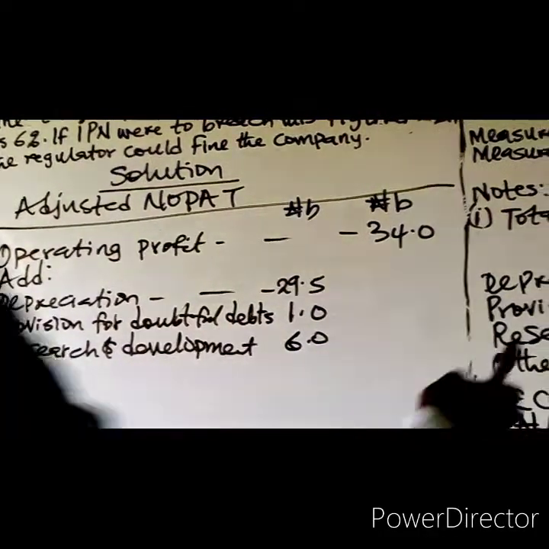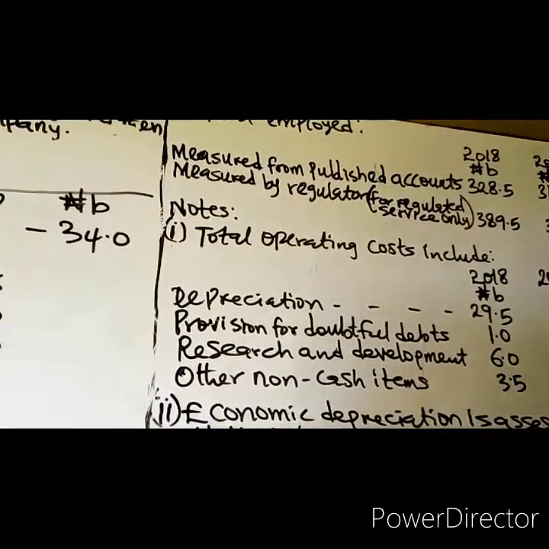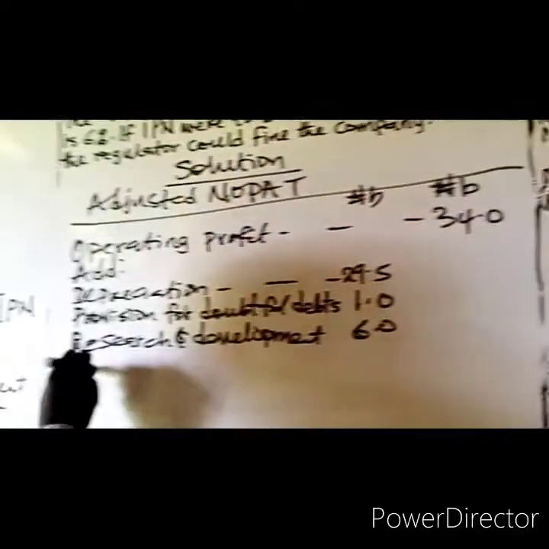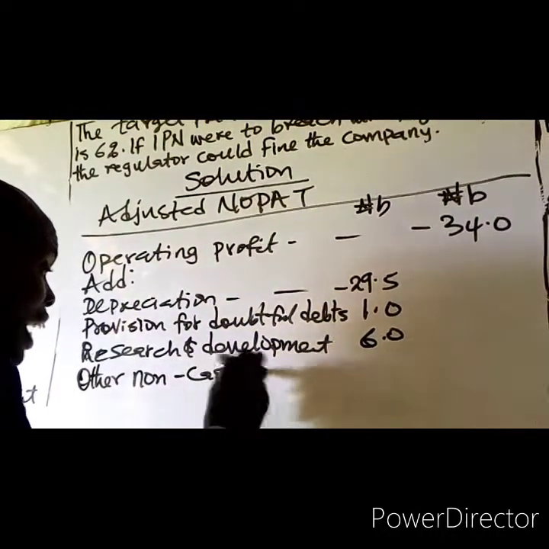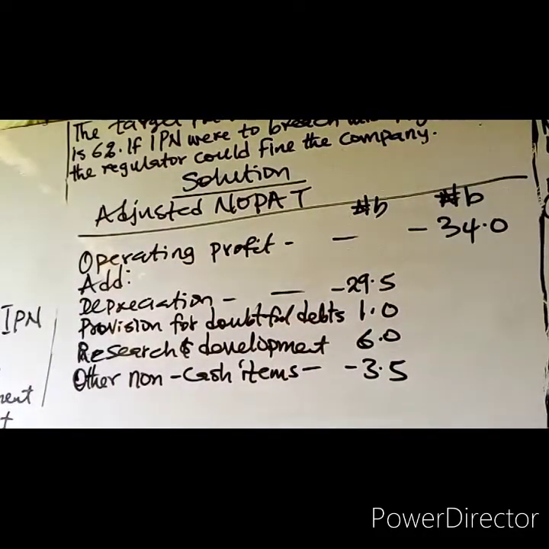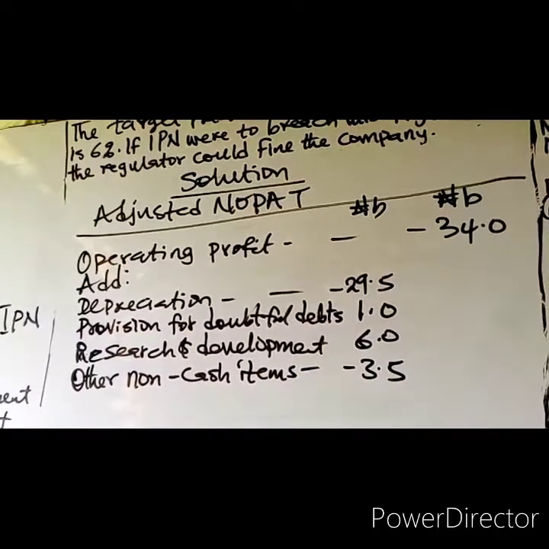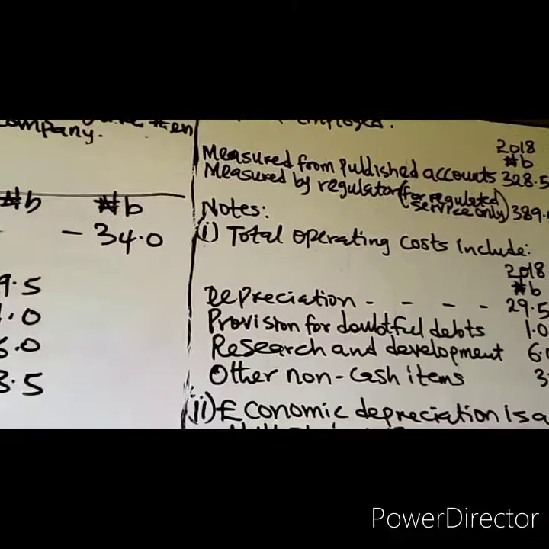Then we have other non-cash items, which is 3.5. Other non-cash items of 3.5 billion. So those items should be added. So we add them.